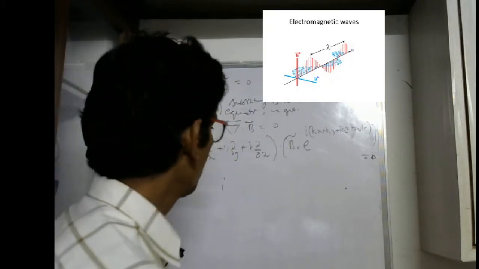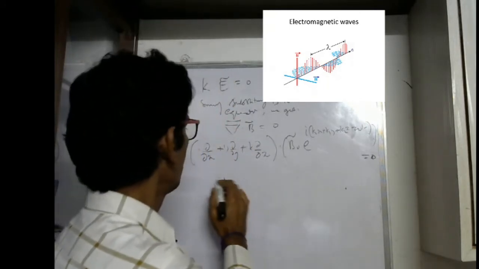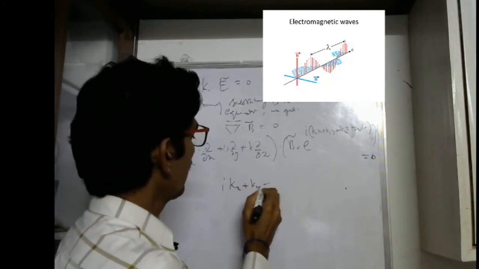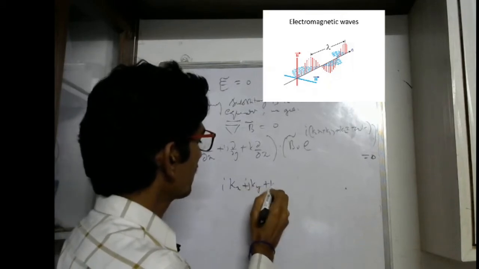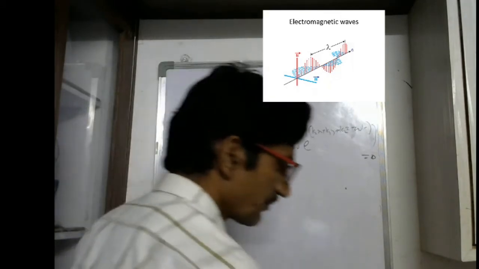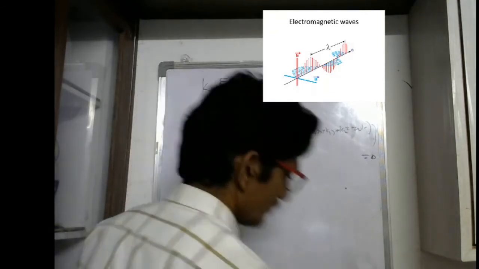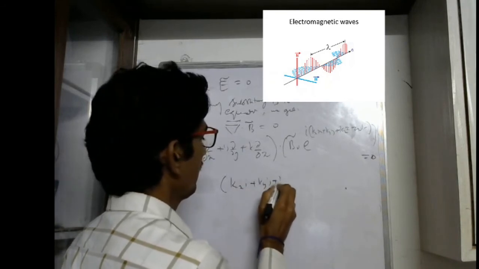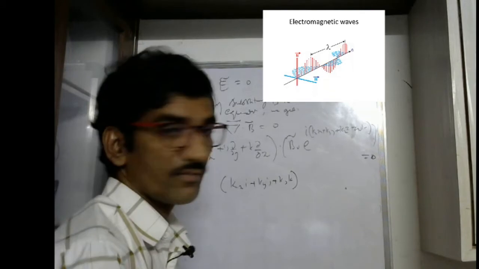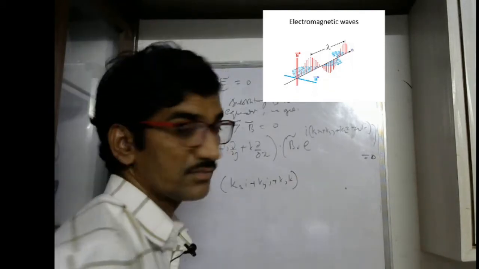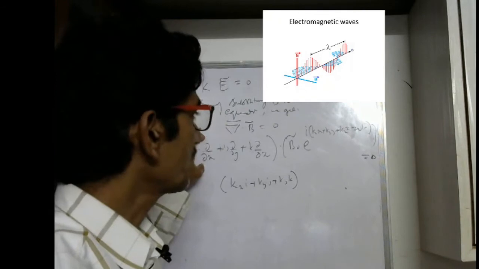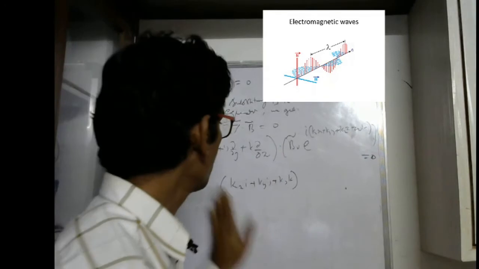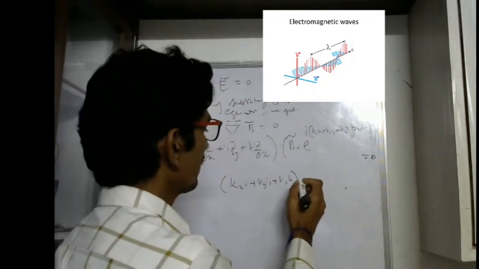I am not writing it there. You get kx i plus ky j plus kz k. After differentiating with respect to x, you get kx as a multiplication factor, and i is there. You are getting it like this.